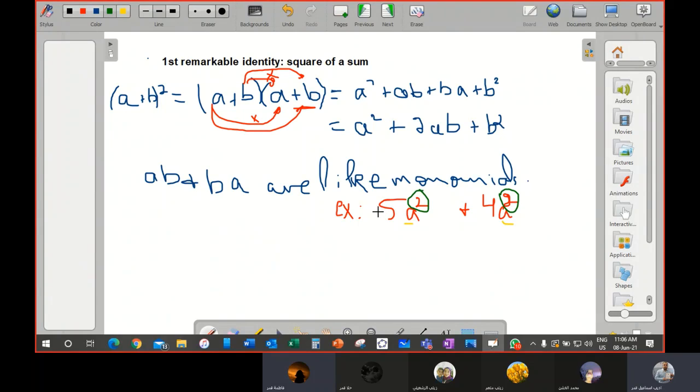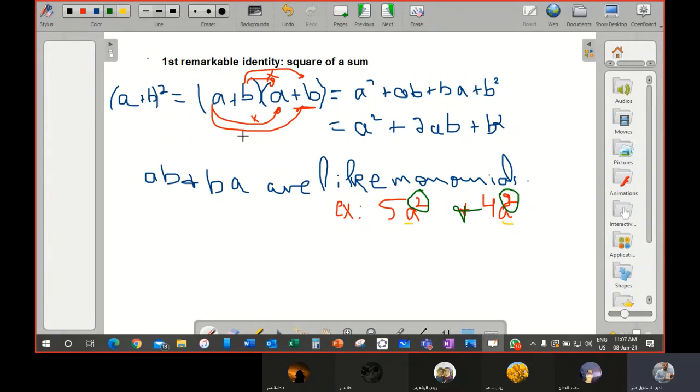I am not looking at the coefficient, only at the unknown with its degree. If they are the same, then these monomials are like. Whenever they are like we can add or subtract, whatever the sign is.